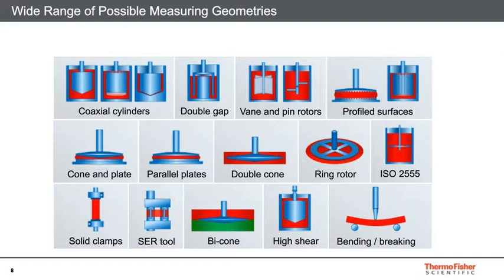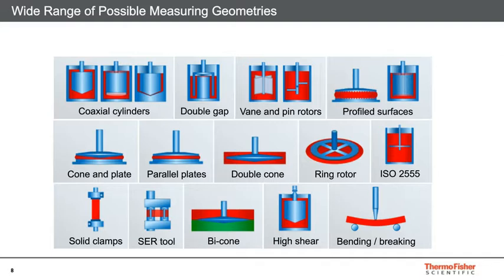Sometimes you have more exotic attachments, like vane rotors or pin rotors, or even these textured or profiled surfaces we can grab onto more robust or larger particle samples, or even setups that actually deal with solid films. You have bending and breaking type tools, or extensional type tools, or torsional tools that actually test solid films.